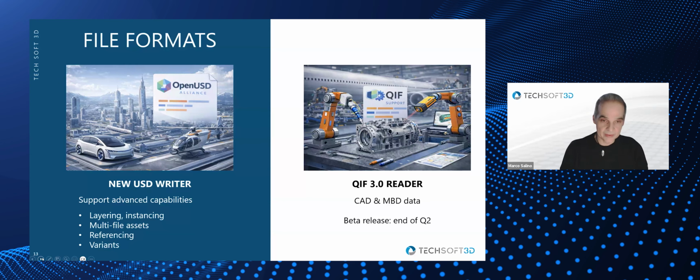For example, USD is also based on scene composition, referencing, instantiation, layering, and supports overrides, and all of these capabilities make it a natural fit for non-destructive collaboration and versioning, but also for a very efficient reuse of the data. And if we think of digital thread, for example, the two pillars are data referencing and avoiding data duplication at all costs, which are two of the pillars of the USD format as well.